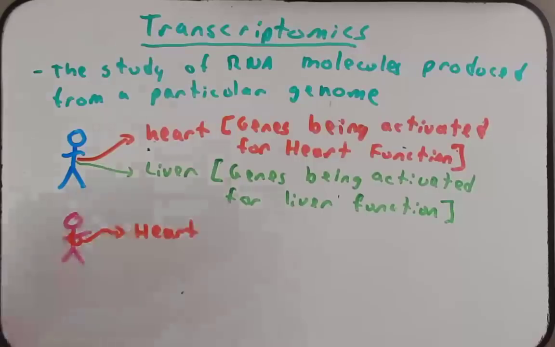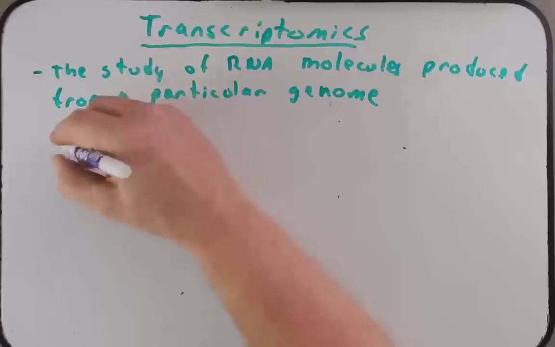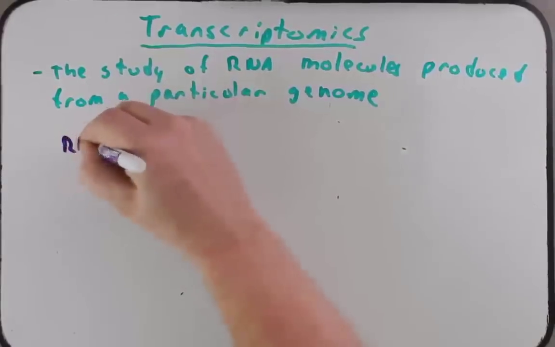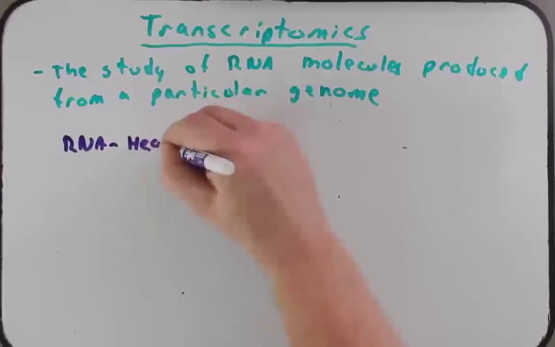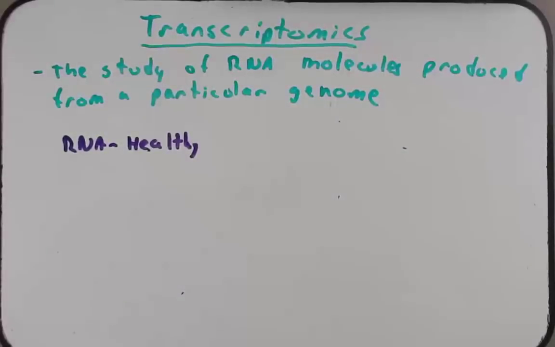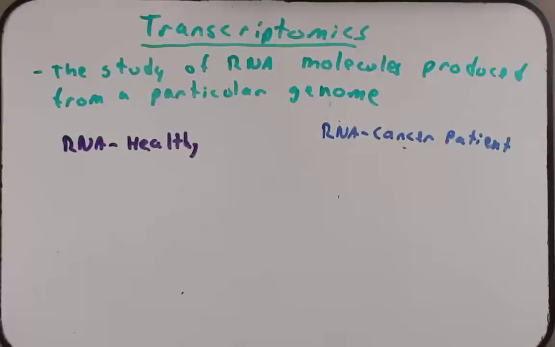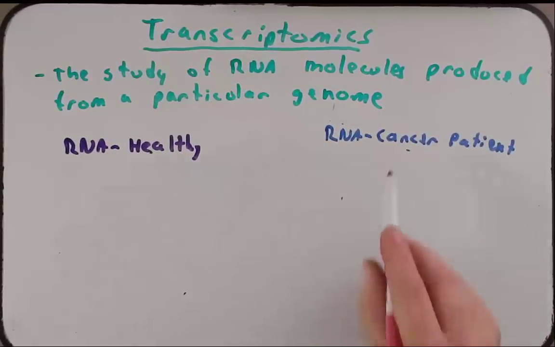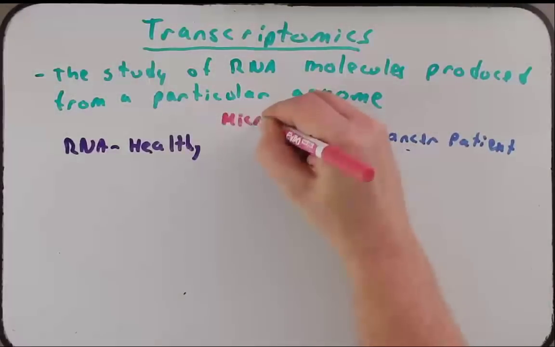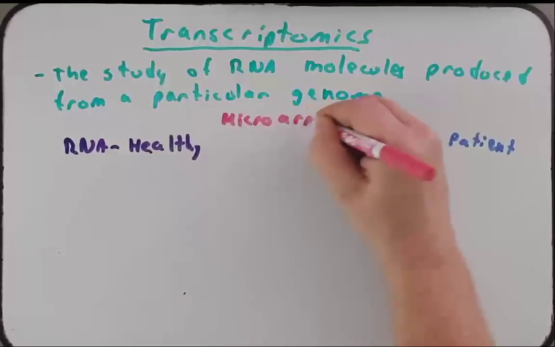So when researchers are looking at this, what do they see? In this example, let's look at the RNA from a healthy person versus over here, the RNA from a cancer patient. And let's say it's skin cancer. They're going to take the RNA from both of these sets of tissues, and they're going to use a technique called microarray.